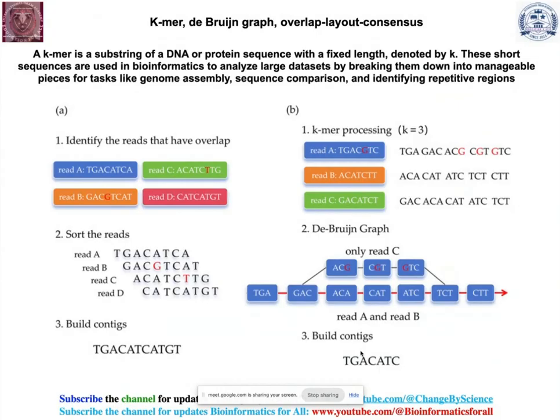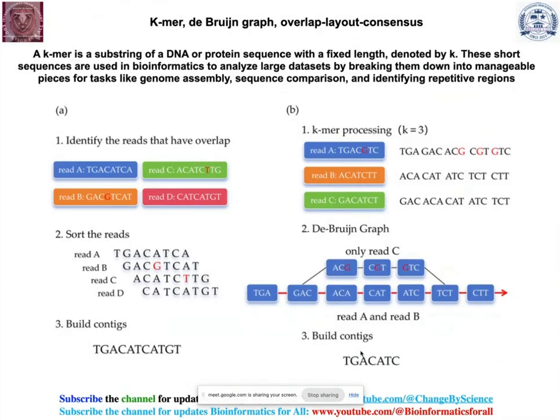A k-mer is a substring of a DNA or protein sequence with a fixed length denoted by K. These short sequences are used in bioinformatics to analyze large data sets by breaking them down into manageable pieces for tasks like genome assembly, sequence comparison, and identifying repetitive regions.